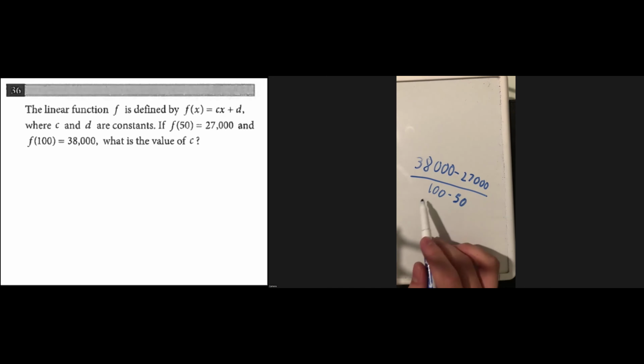That's just change in y over change in x, which would get us 220 as our slope. And it's asking us what is the value of c. C is just the slope, so the correct answer is 220.